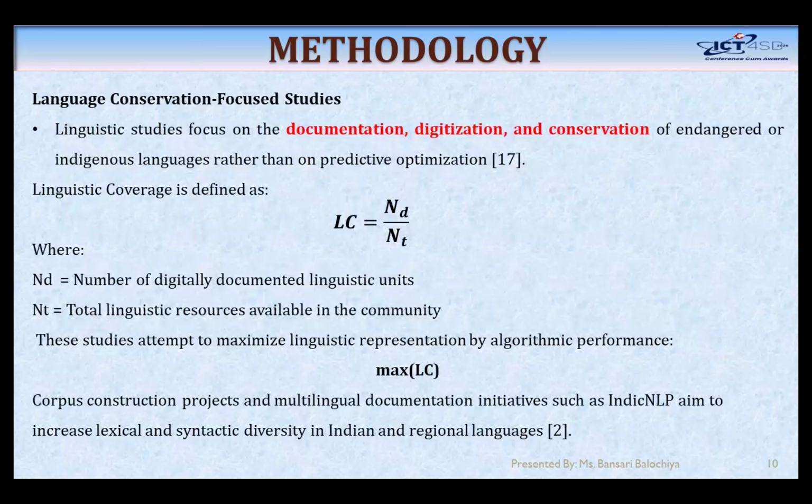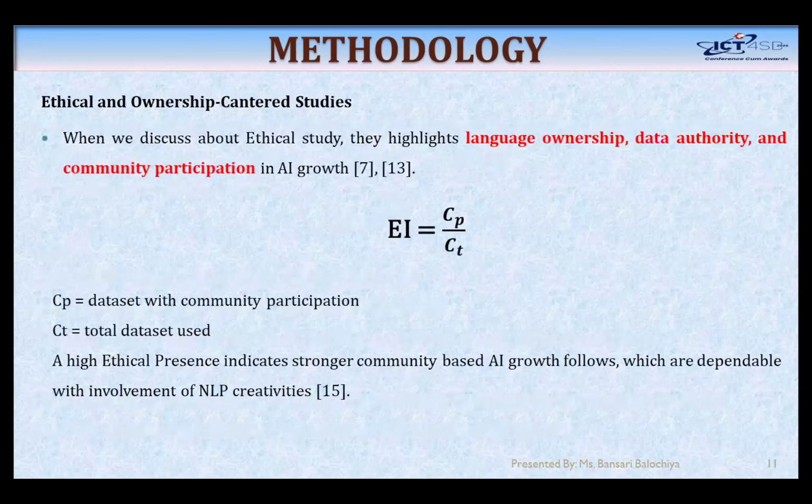So I found some equations. Language conservation is defined as LC. ND is the number of digitally documented linguistic units, and NT is the total linguistic resources available in the community. This study attempts to maximize linguistic representation by algorithm performance, max in LC, linguistic coverage. Ethical and ownership-centered study methodology decides the language ownership.